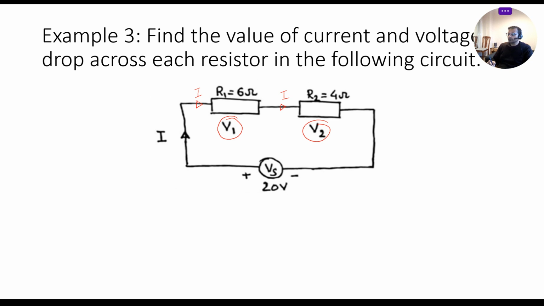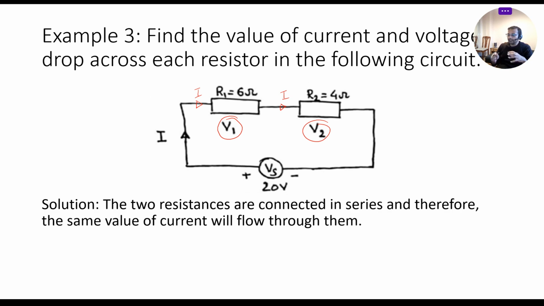First of all, in these kinds of numericals, you need to identify if your resistances are connected in series or parallel. As per our discussion, we can surely say that resistances R1 and R2 are connected in series because the same current is flowing through both of them. So we can use the formula which we have discussed.